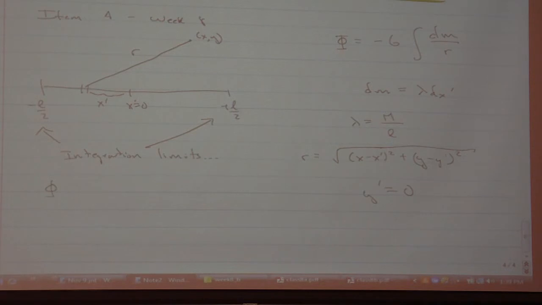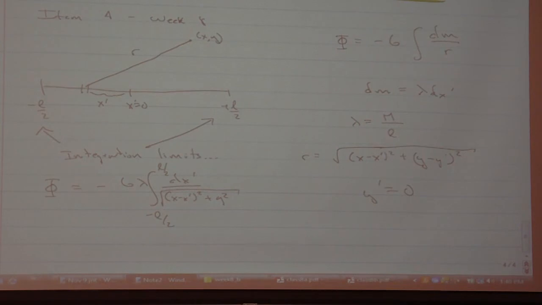So you might want to get out your text, where it tells you how to do this integral. Alright, so that gets you started, right?